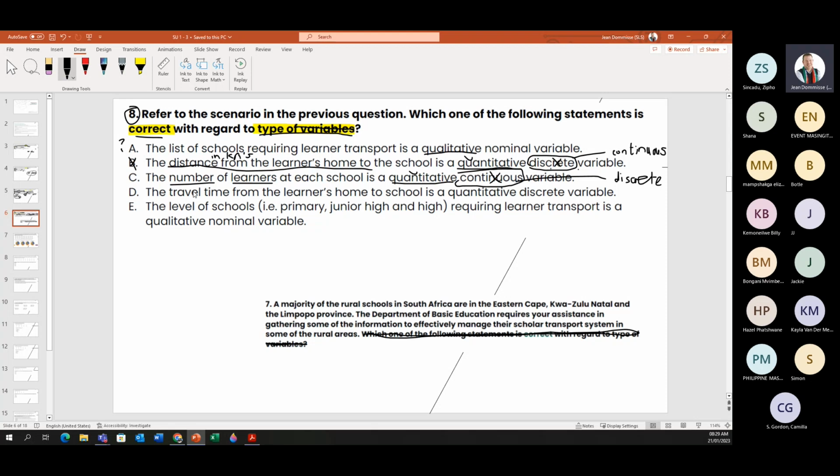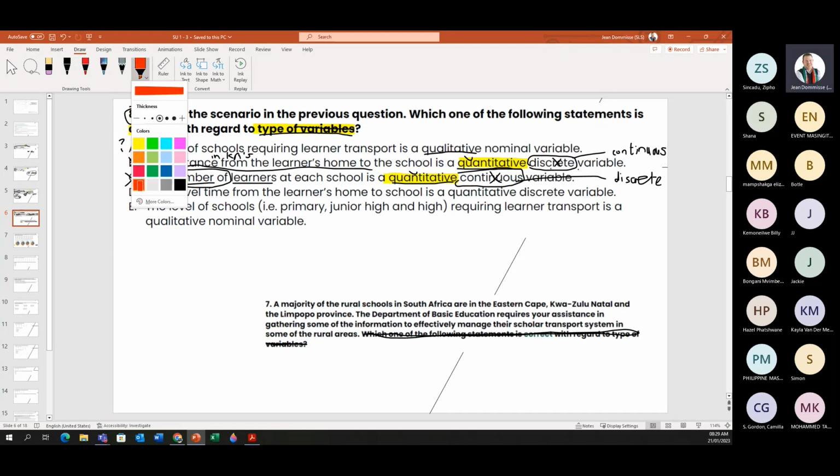But I think the important thing here is when you look at number of, then you know it is a discrete quantitative variable. So interesting in both of these, the quantitative was correct, but the one that was incorrect is there the discrete and here the continuous.